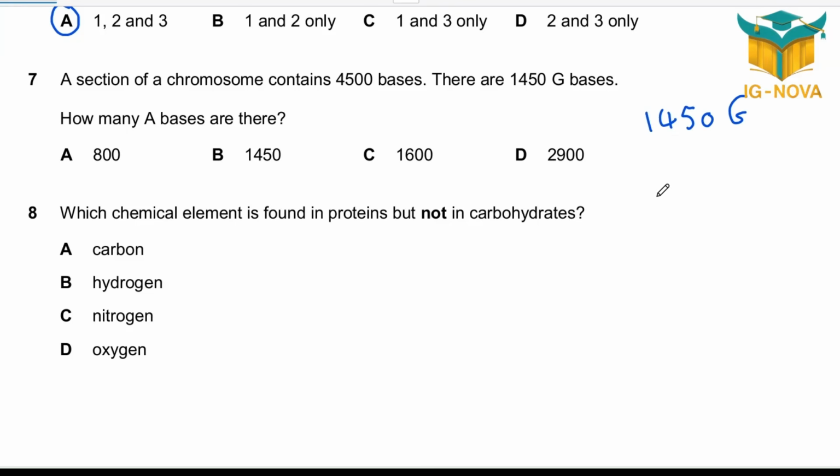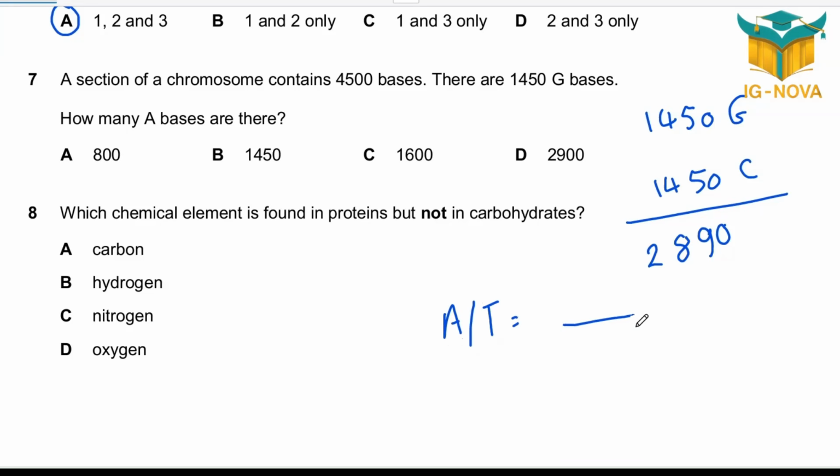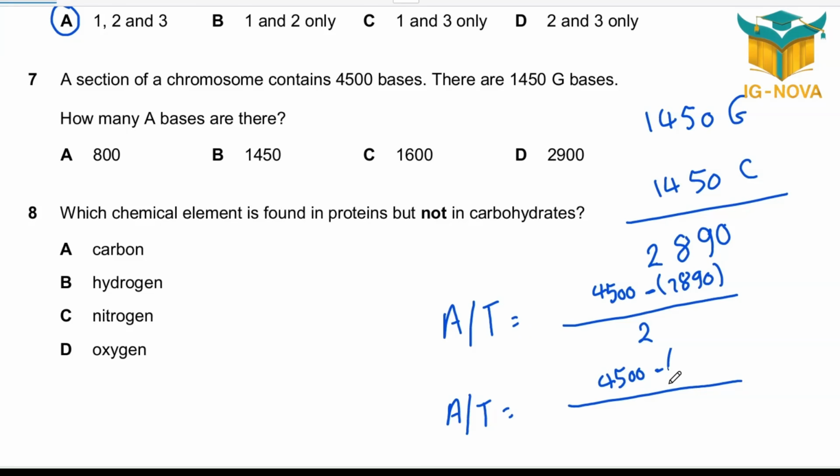G, that means we do have 1450 C. So both of them will be 2890, both G and C. He's asking for A. A or T equals 4500 minus this 2890 divided by 2, or A slash T equals 4500 minus 1450 plus 1450 divided by 2.